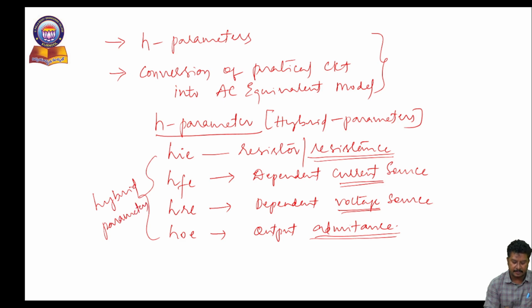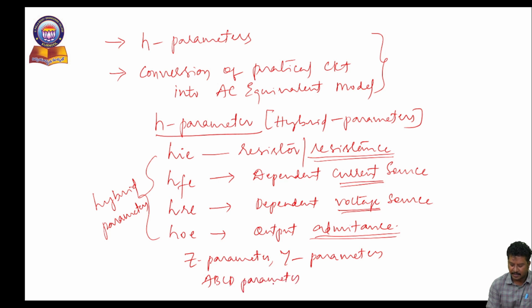For example, before coming to H parameters in electrical circuits, in two-port networks, we already know Z parameters, Y parameters, and ABCD parameters.